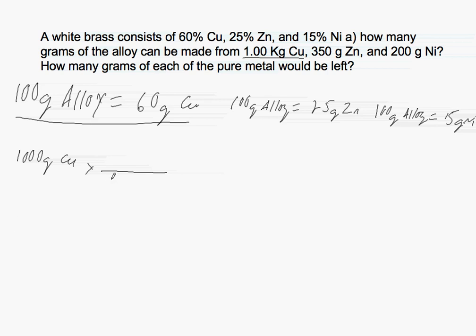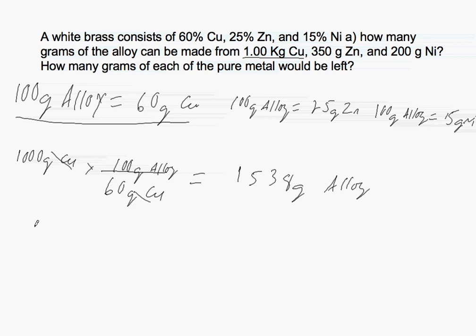So we have 60 grams of copper, which causes our grams of copper to cancel out, over 100 grams of our alloy. If we do this, 1,000 times 100 divided by 60 will give us 1,538 grams of our alloy.